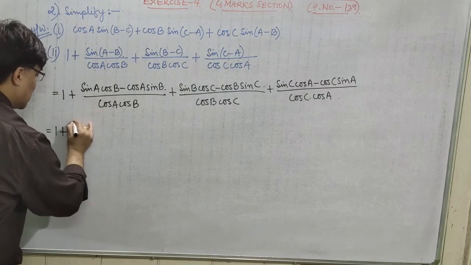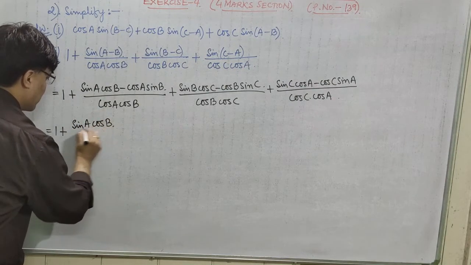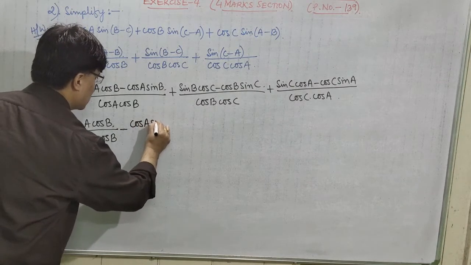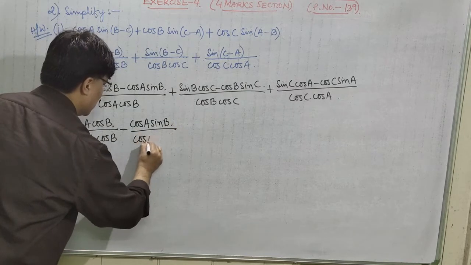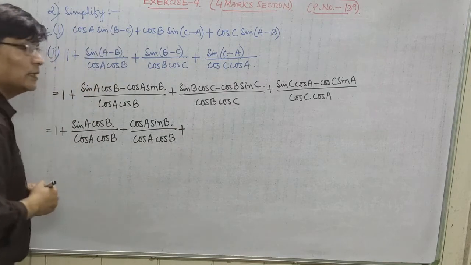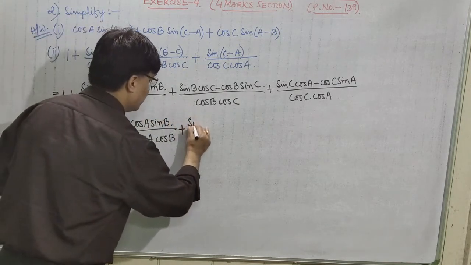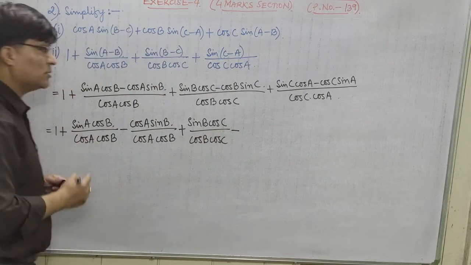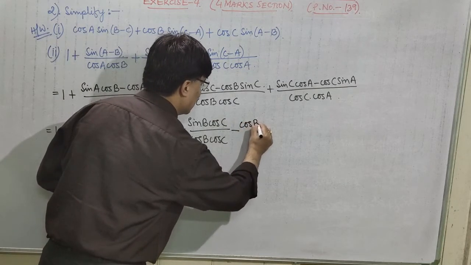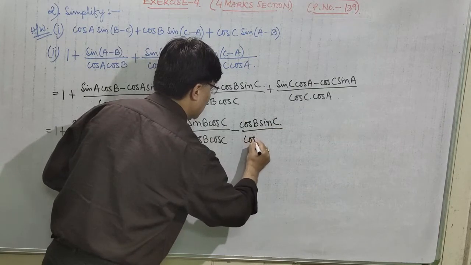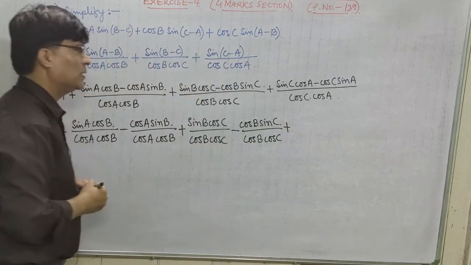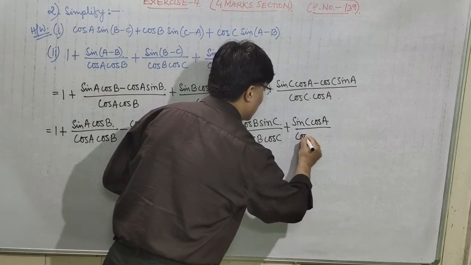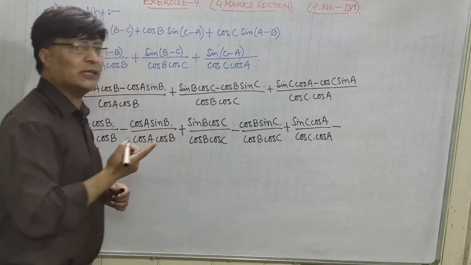1 plus, let us separate this term, sine a cos b divided by cos a cos b minus cos a sine b divided by cos a cos b plus, similarly you can separate the third term here, sine b cos c divided by cos b cos c minus, next cos b sine c divided by cos b cos c plus, next sine c cos a divided by cos c cos a minus, what is the last term there?